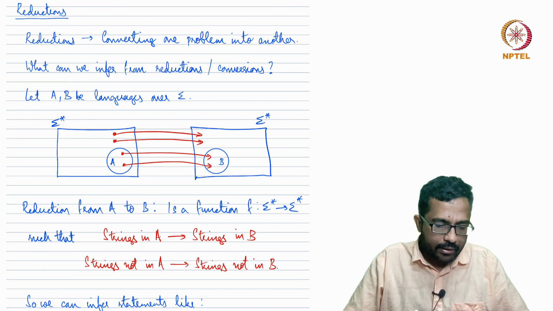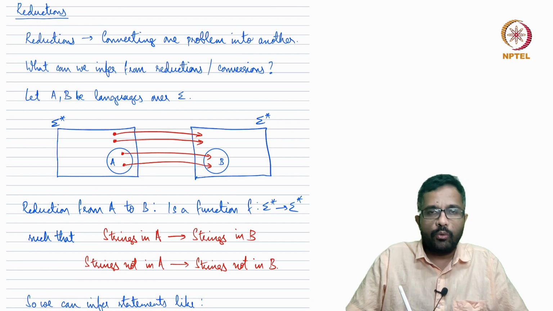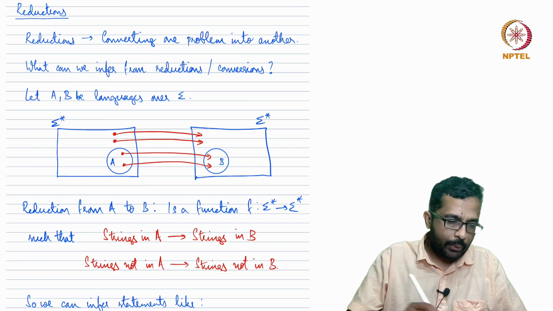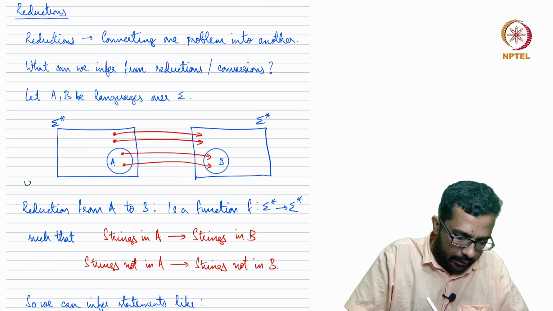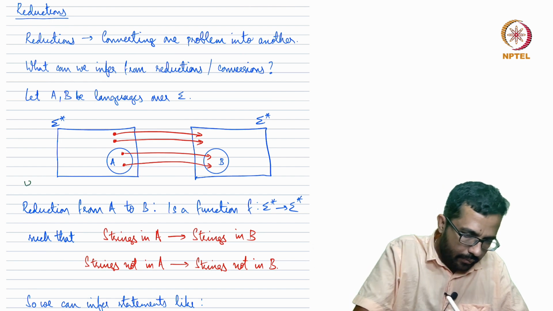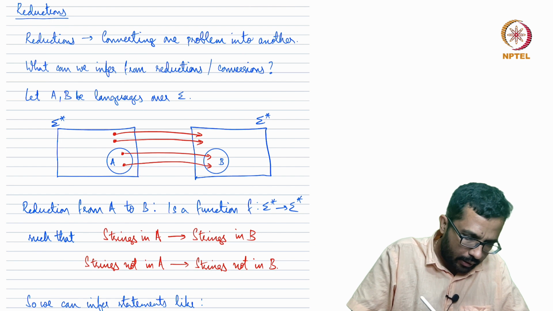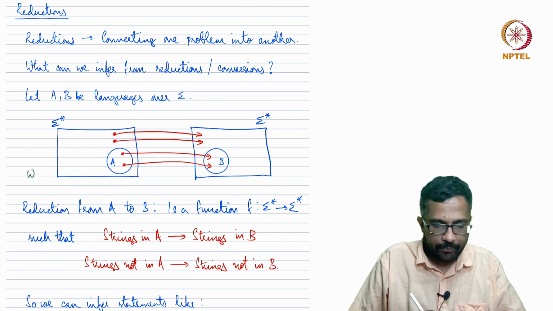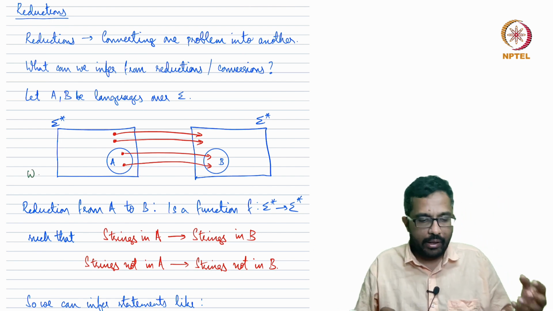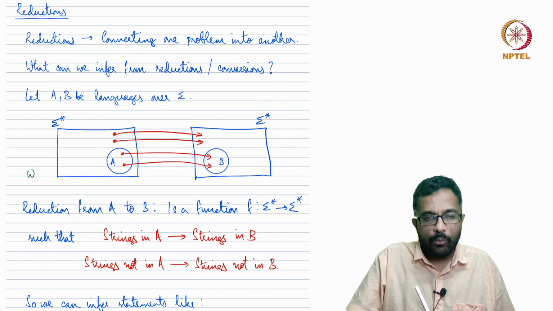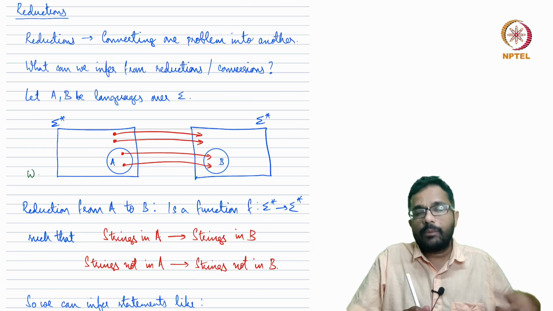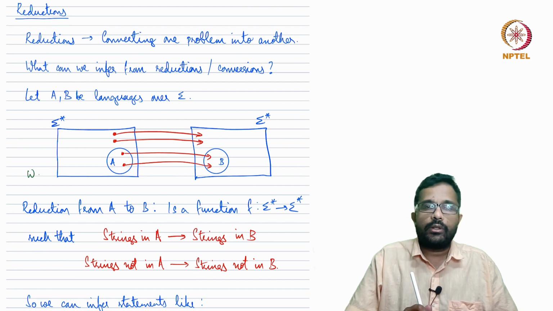Now what is the goal of this? Suppose you want to answer the question: given a string W, is this in A? We don't have a way of testing whether this is in A. So now we compute the mapping of W. Suppose the mapping of W was easily computable.